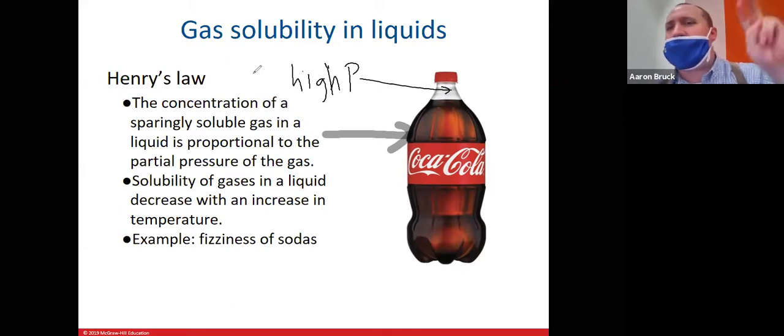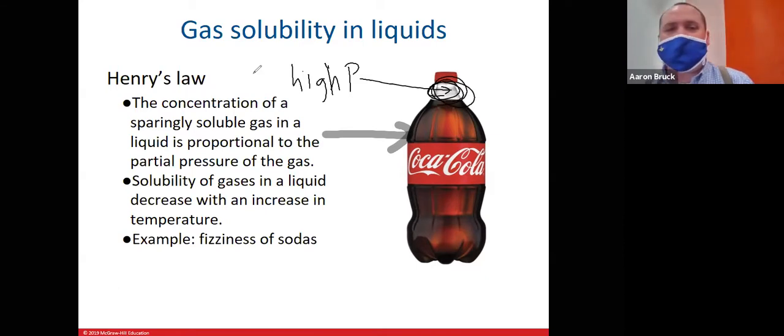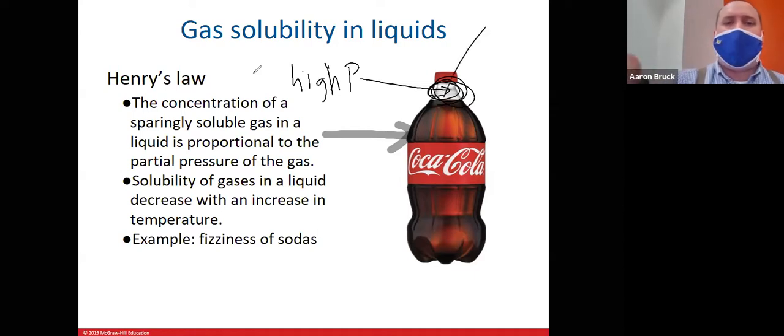Two things happen immediately. Okay, the first thing is that hissing sound. Why does it make that hissing sound? That high pressure gas that was used to bottle it now escapes.